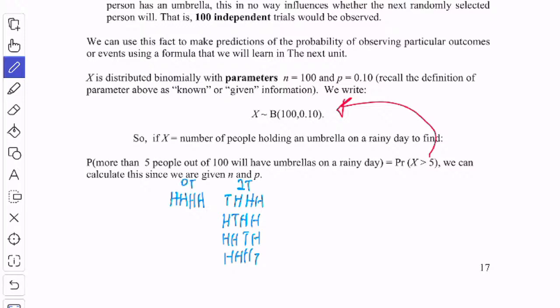If you look back, you'll remember we talked about that, etc. Imagine if you had to write all the possible outcomes with 100. That's going to be huge, right? So we don't like to have to write that.